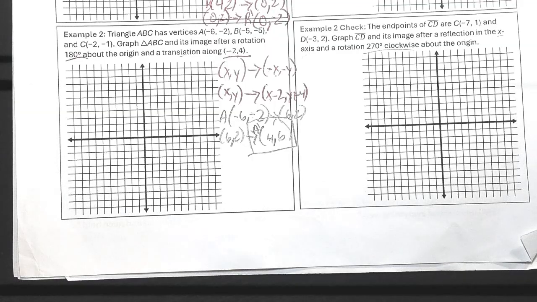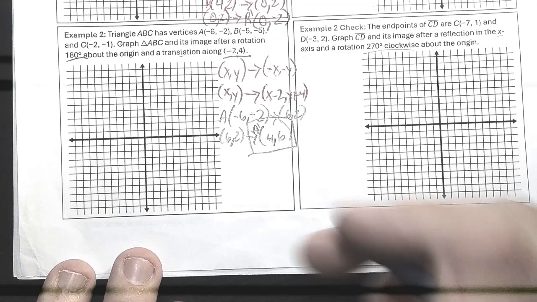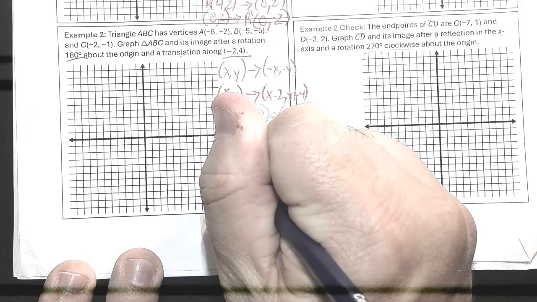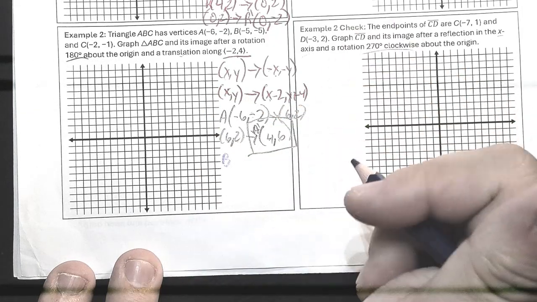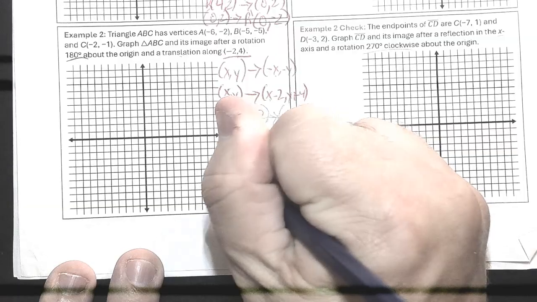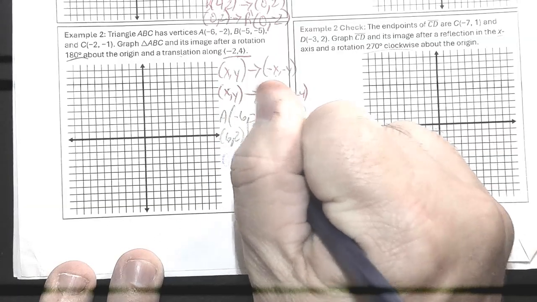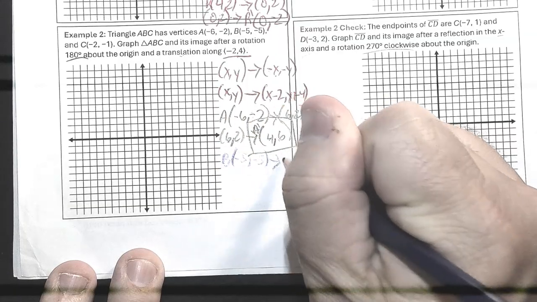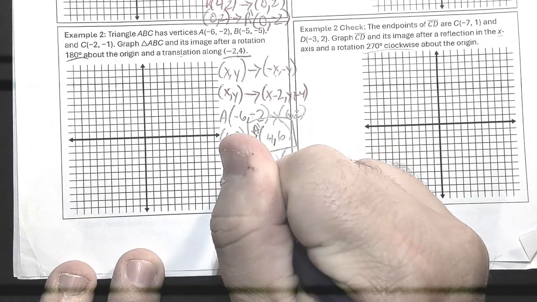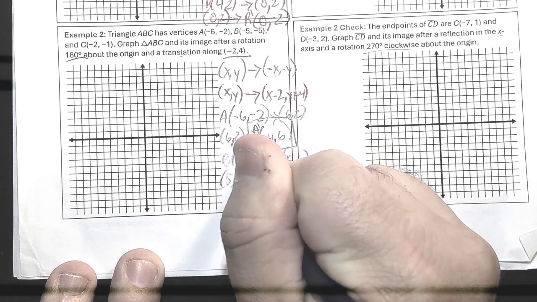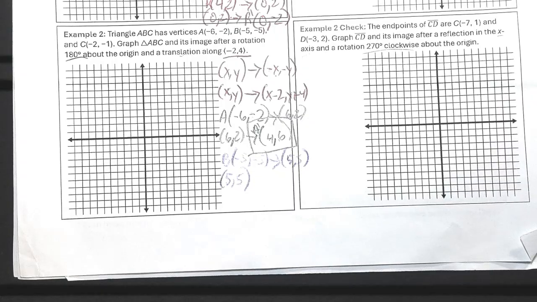All right, let's go to B. -5, -5. So opposites, it's going to be +5, +5. What I may do is start skipping writing it there.